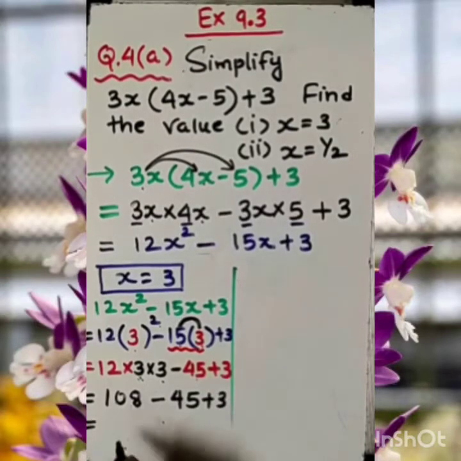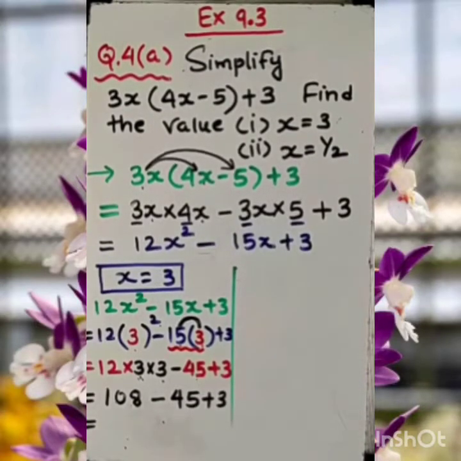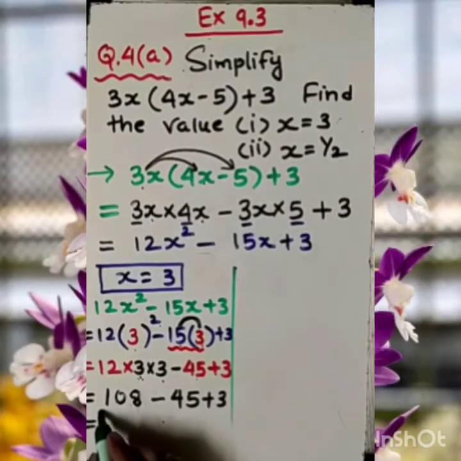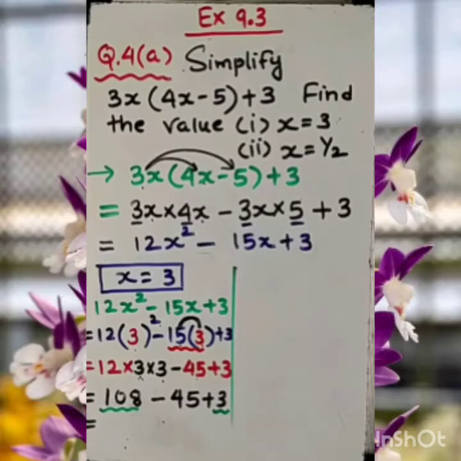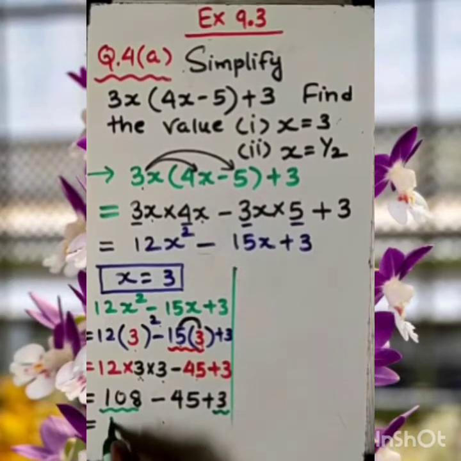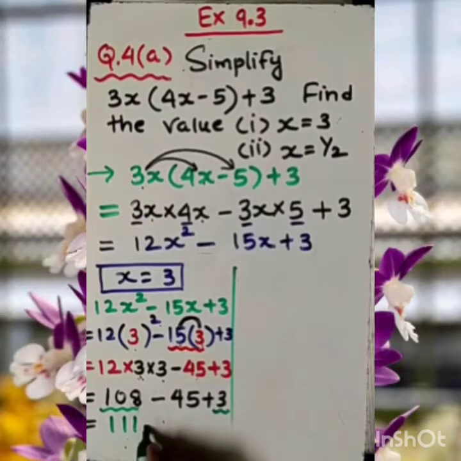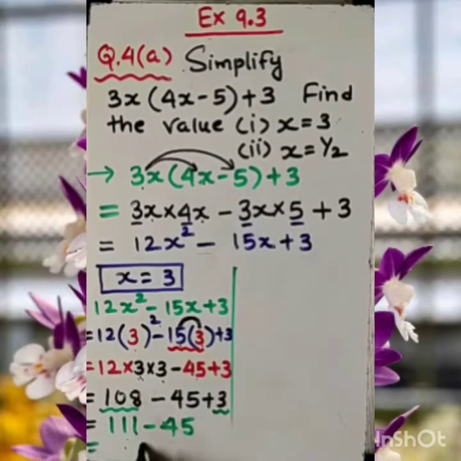Now, all of you know very well that when two numbers are connected positively, this is positive and this is positive. So let's add them. 108 plus 3 gives 111, minus 45. So let's subtract. 11 minus 4... here it will be 0, again carry from here.